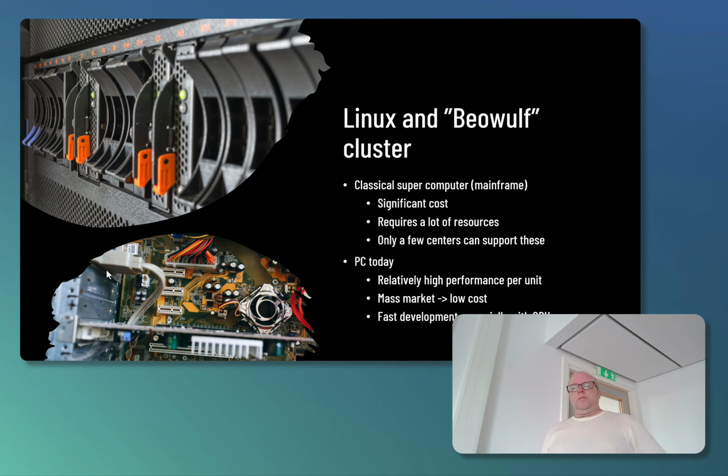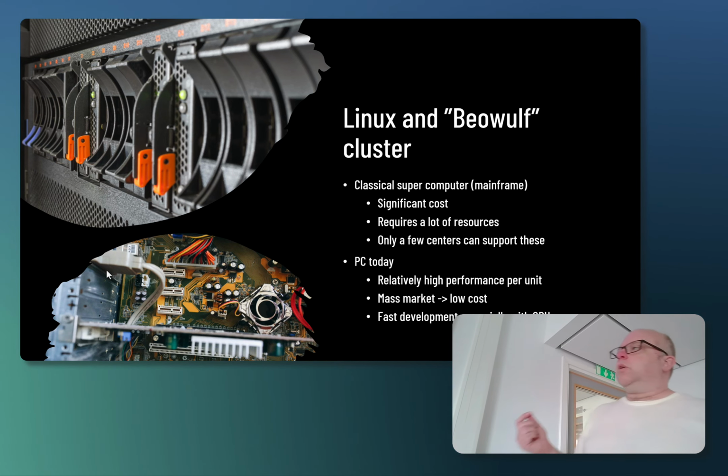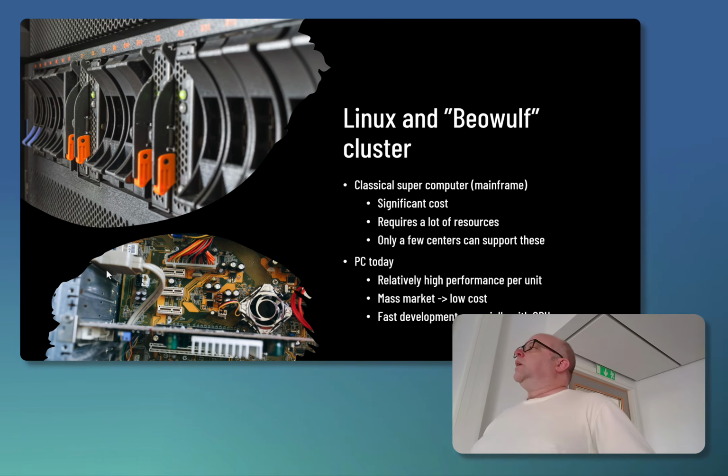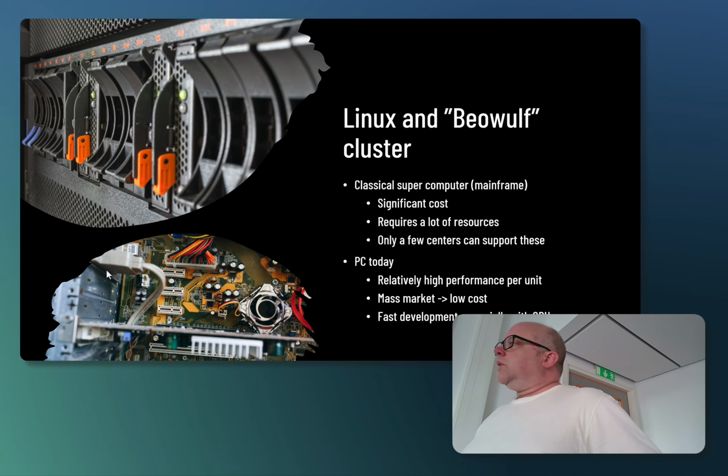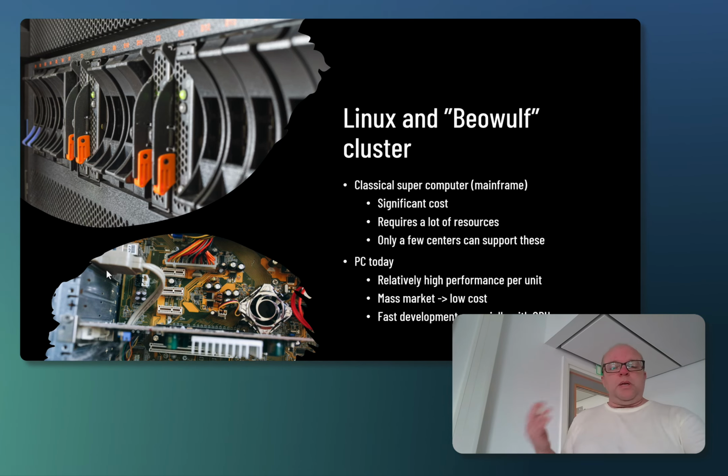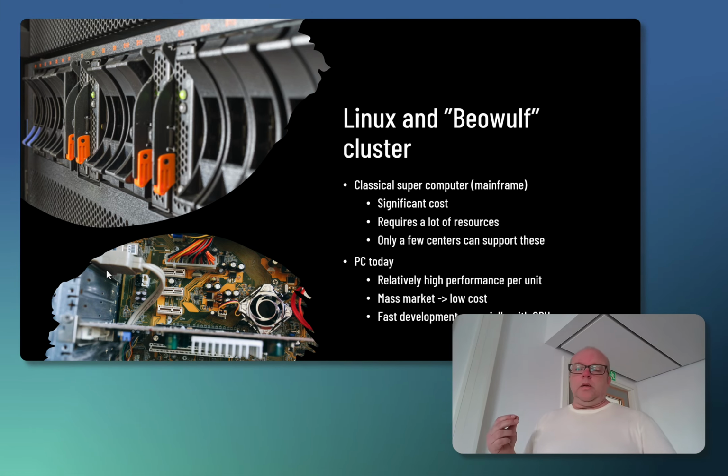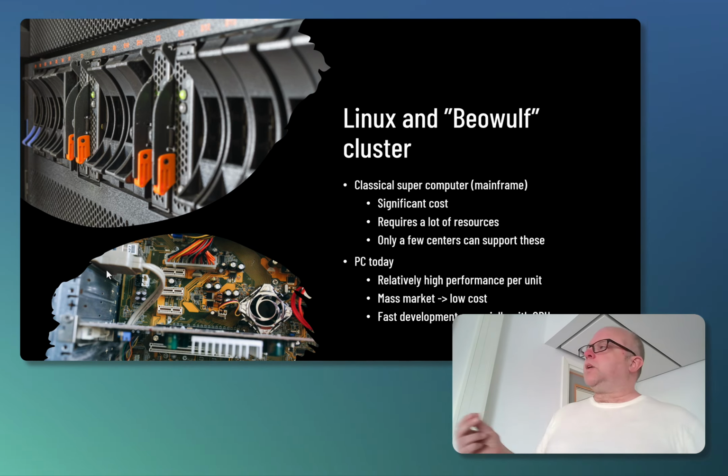A classical supercomputer is a significant cost. It requires a lot of resources, and only a few centers can support it today. If you look at the PC today, it's really high performance per unit. It's mass market, so it's actually low cost because so many people are buying PCs anyway.